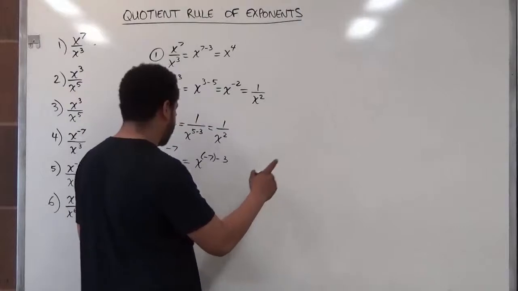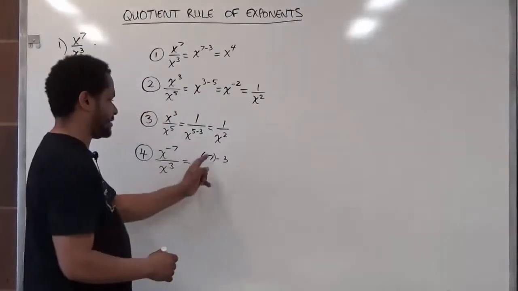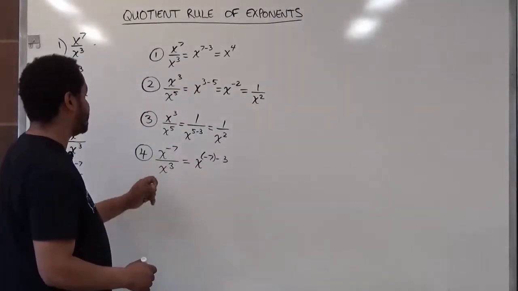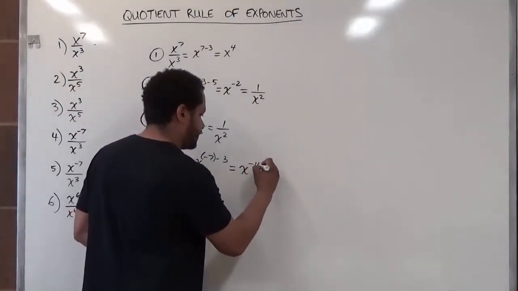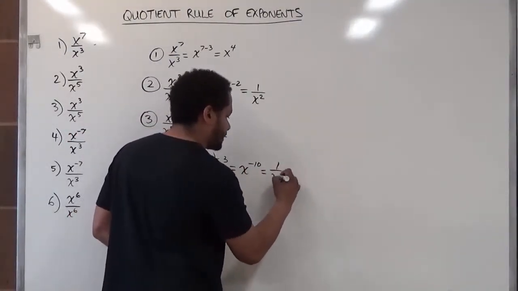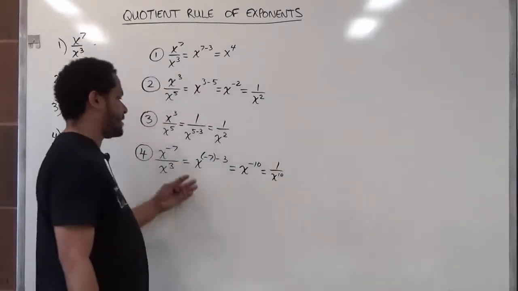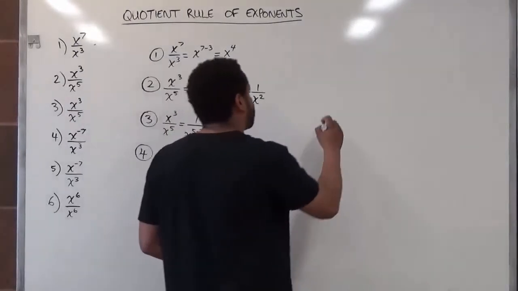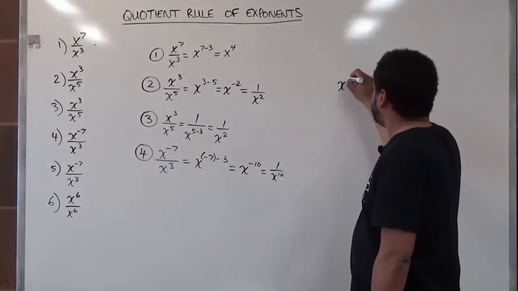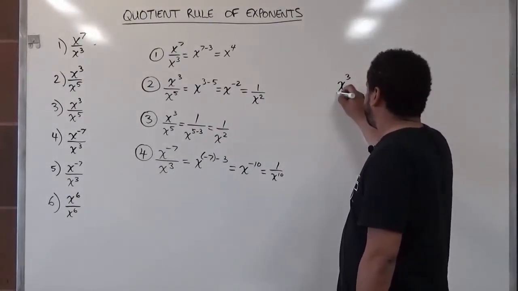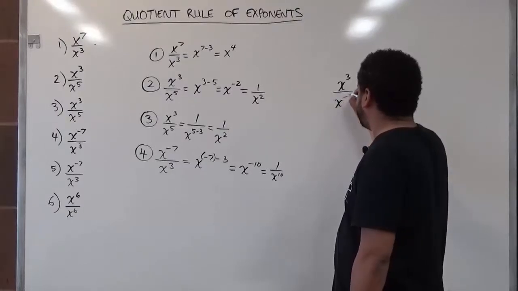Actually, we'll do one of those just after this one, so we can see the difference of subtracting a denominator's negative exponent. Here we get x to the negative 10, and that becomes 1 over x to the 10th. What I was just mentioning is to be careful, because sometimes the exponent in your numerator could be positive while the exponent in your denominator is negative.